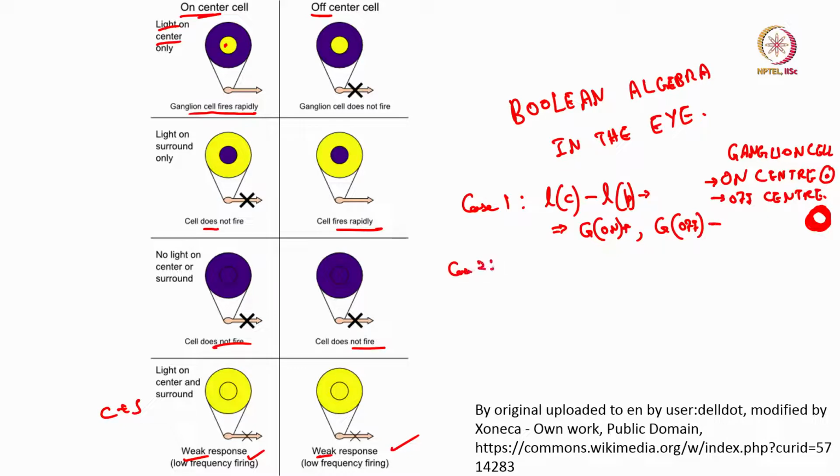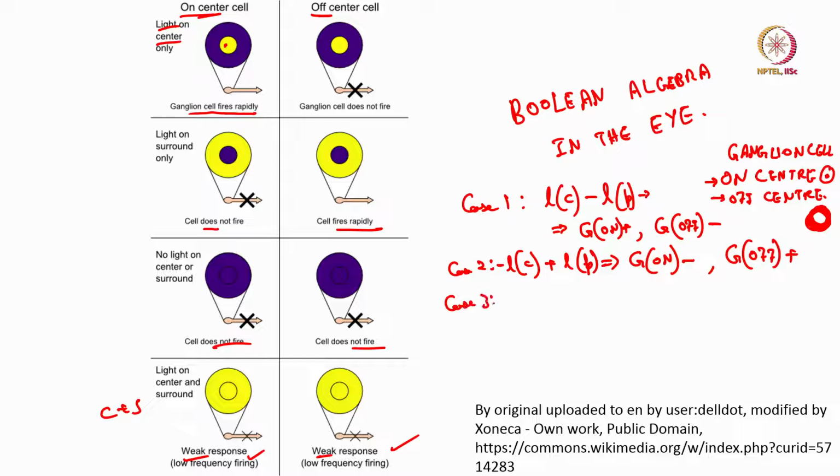Case 2, negative of light in the center, but light in periphery implies ganglion cell on center is negative and ganglion cell off center is positive.